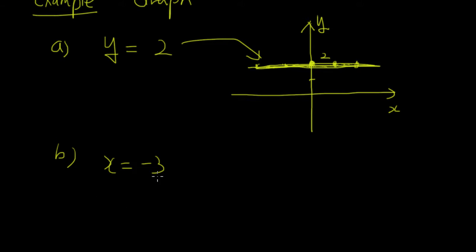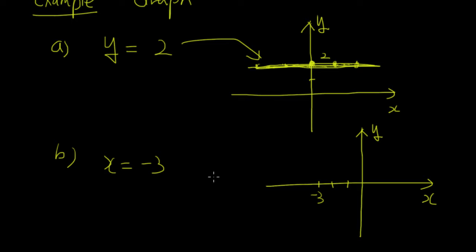This one only has an x value, so with this as the y-axis and this as the x-axis, and 1, 2, 3, the first point that comes to my mind is -3.